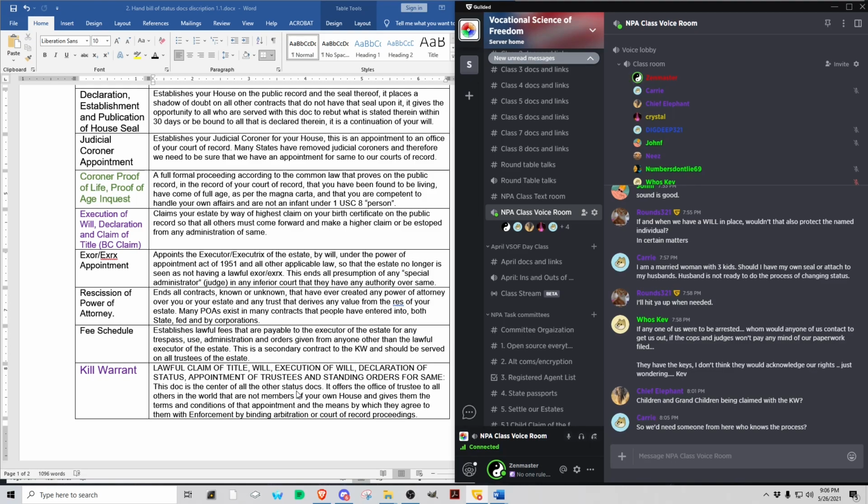Yeah, the other section of your question, Kev, about they have the keys, they don't think they'd acknowledge our rights. Well, here's the deal. If you file a proper constitutionally based habeas corpus, not meaning you're filing a statutory based habeas corpus, meaning you don't use the habeas corpus statutes to say, I'm filing this habeas corpus under such and such statute.